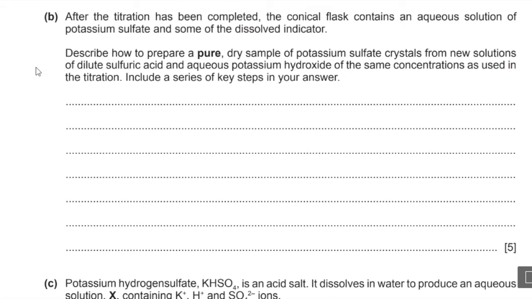Alright, so the initial step, you had the indicator and some excess of the reagents left after titration was completed, and so now you don't want that. You do, however, have the amounts, the volumes, and the concentration of both the acid and the base needed for complete neutralization.